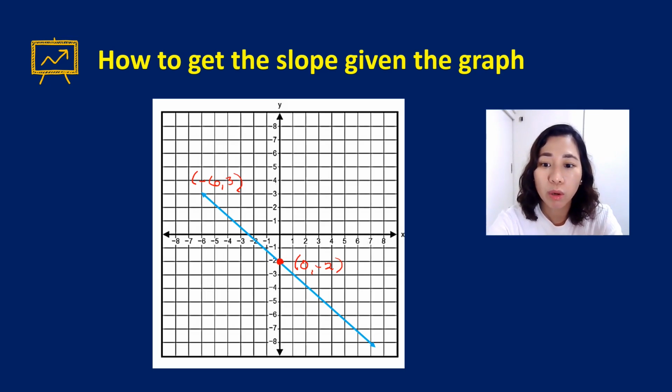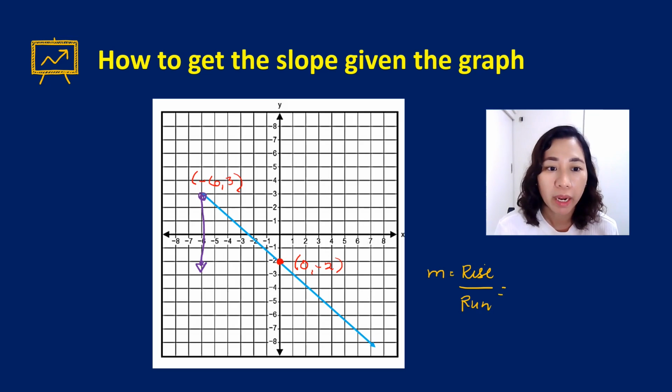Okay, so from this point, my rise, I'm going down up to here. So my slope, rise over run, my rise is 1, 2, 3, 4, 5, correct? That's 5.